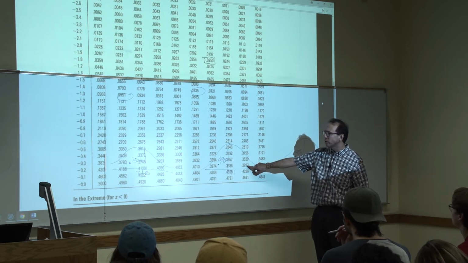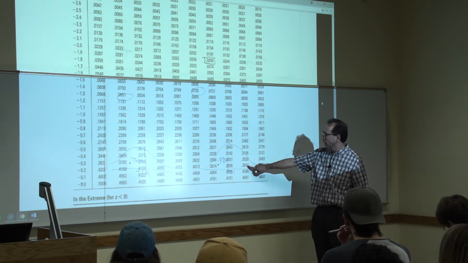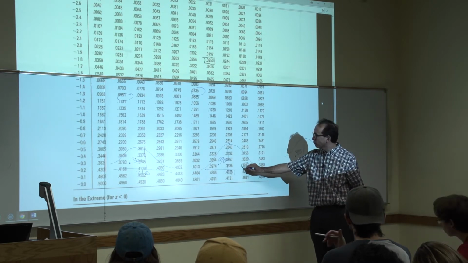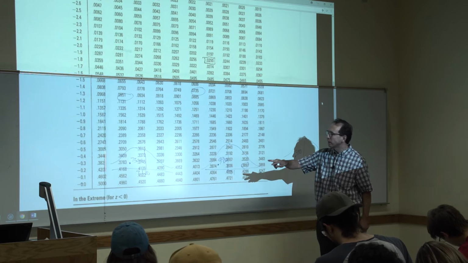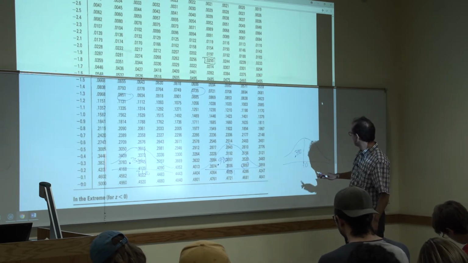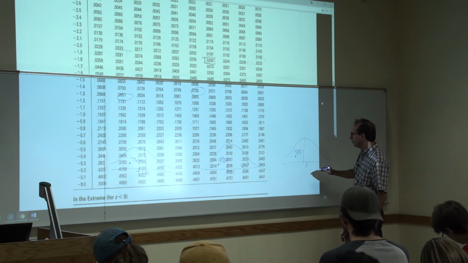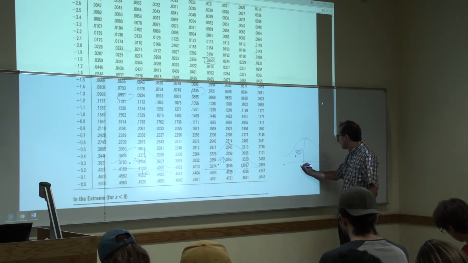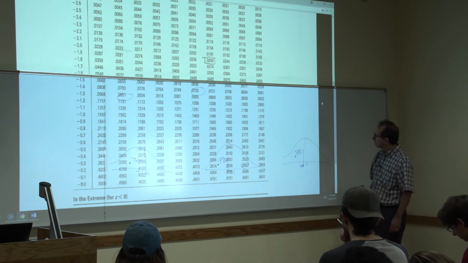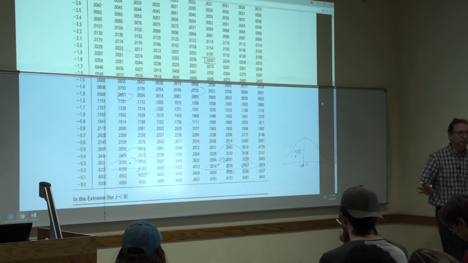So what's the z-value that corresponds there? So here's the one that's closest to 0.3900, and the z-value that corresponds is what? Negative 0.28, right? So here we have our negative 0.28 right here.